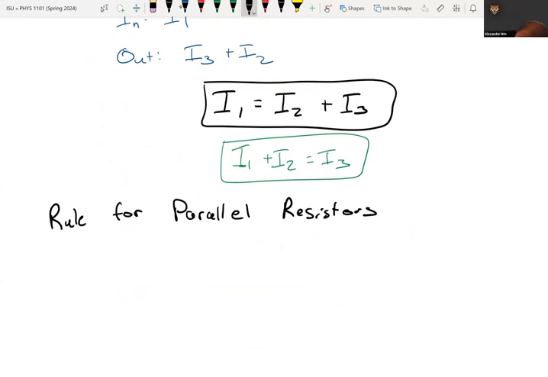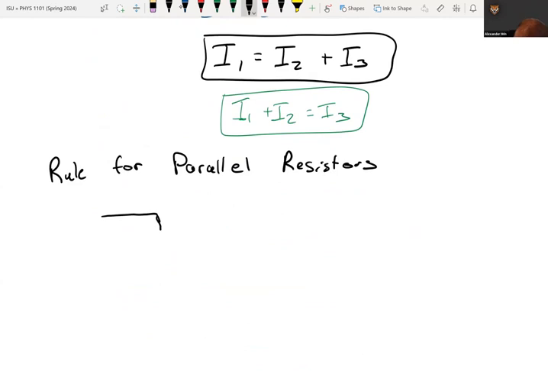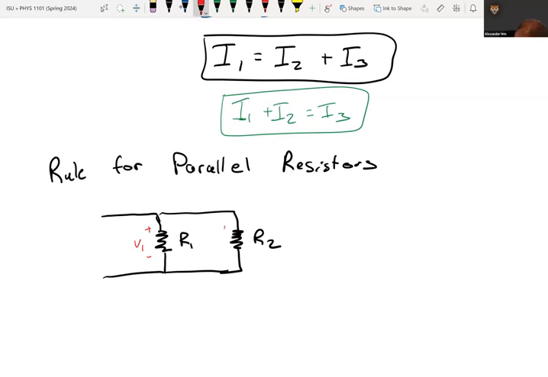So if we have parallel resistors, we have R1 and R2. There's a couple of things that we know, and I'll do voltages in red. So we'll call that V1 and we'll call that V2. And we actually know that V1 equals V2.